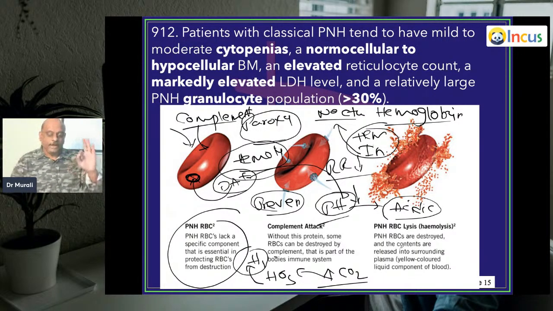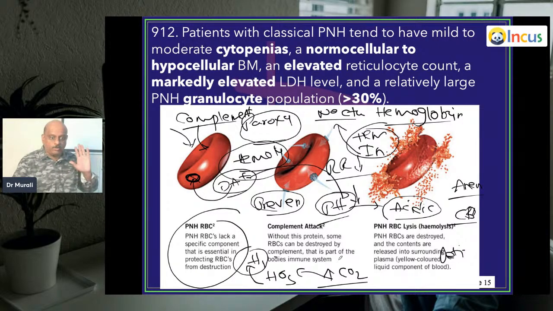Always remember, any patient who comes to you with anemia, with a complete blood picture, you look for the reti count. If the reticulocyte count is high, more than 6 or 7%, brisk reticulocytosis, that means iron is available, RBCs are produced, and bone marrow is trying to compensate.